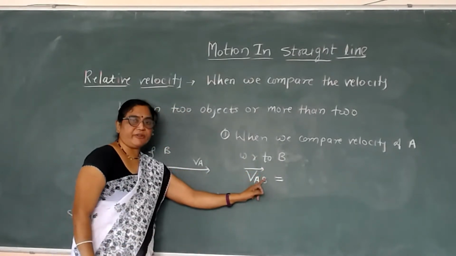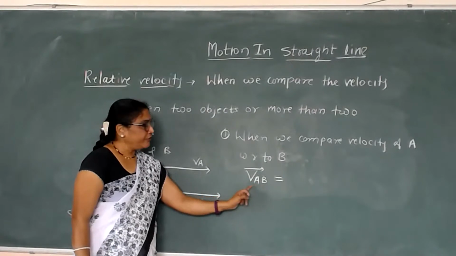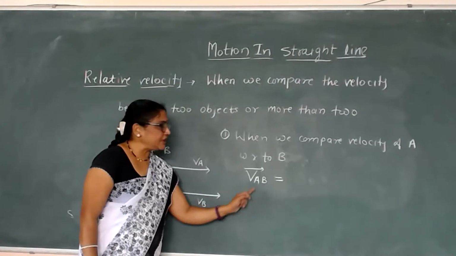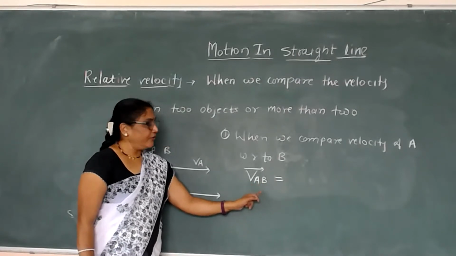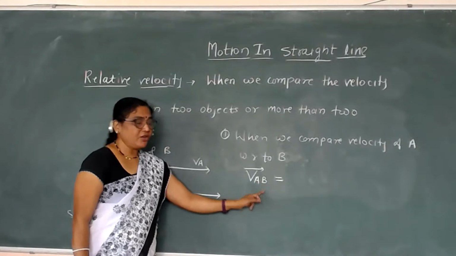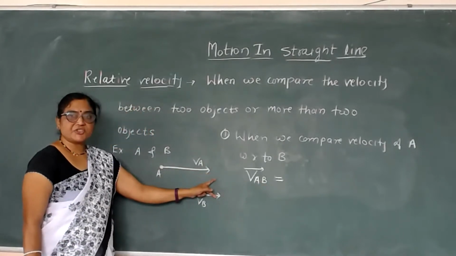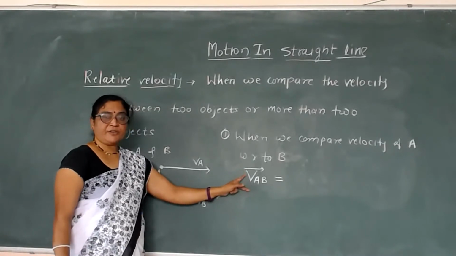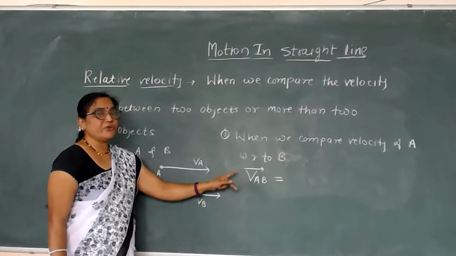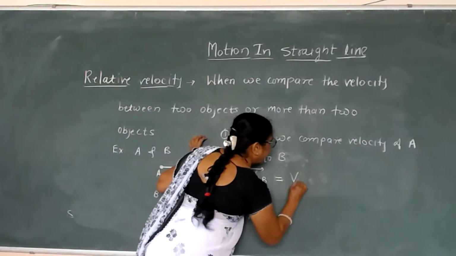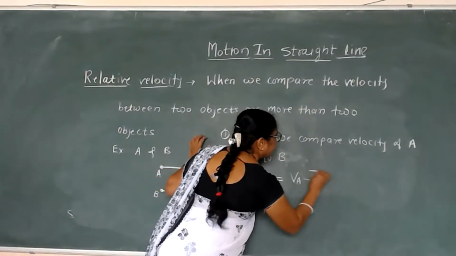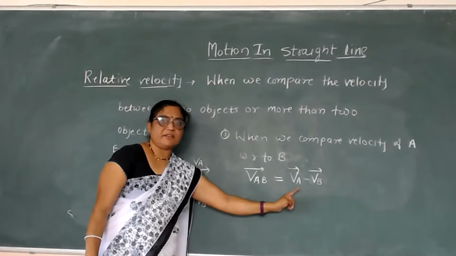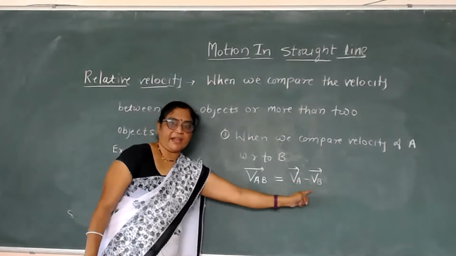VAB means we compare the velocity of A with respect to B. Both objects are moving in a straight line. To find the relative velocity between the two objects, we use the formula VA minus VB. This formula is known as the relative velocity between A and B.